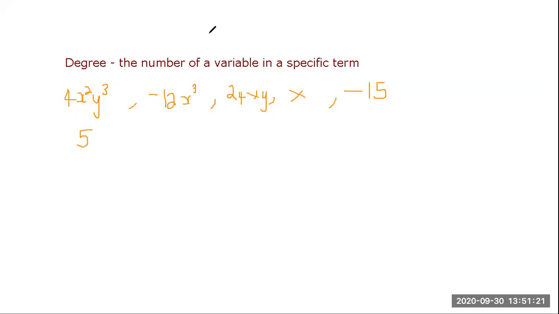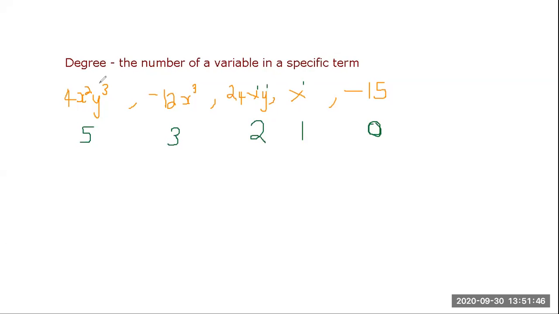This has a degree of 5. This has a degree of 3. Technically, there are ones right here, but I don't need to put them. So this has a degree of 2. There's also a 1 right here, so this has a degree of 1. This right here doesn't even have an x value, so it has a degree of 0.